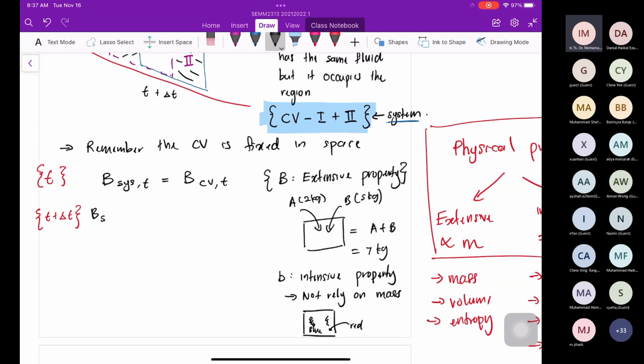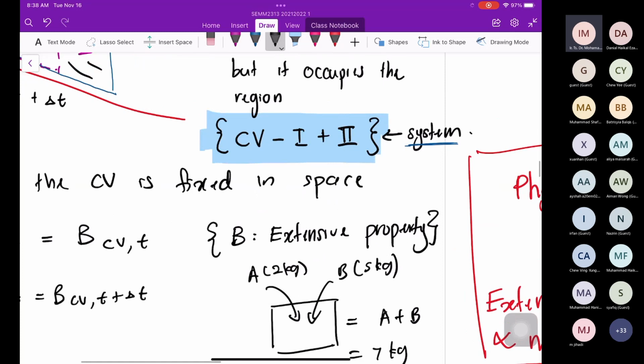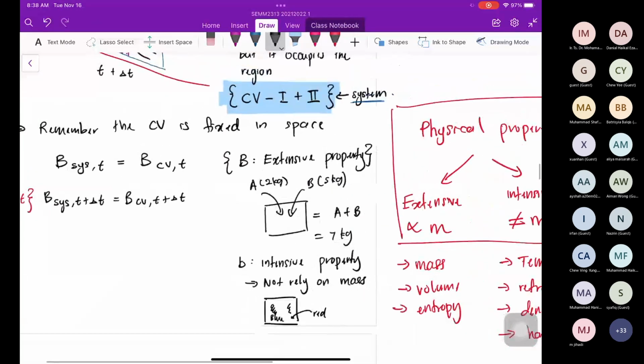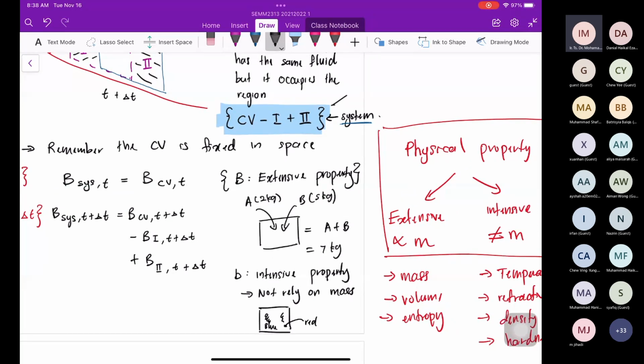So B of the system at time t plus delta t is equal to B of the control volume at t plus delta t, minus B at region 1 at t plus delta t, plus B at region 2 at t plus delta t. This is the same as this one.